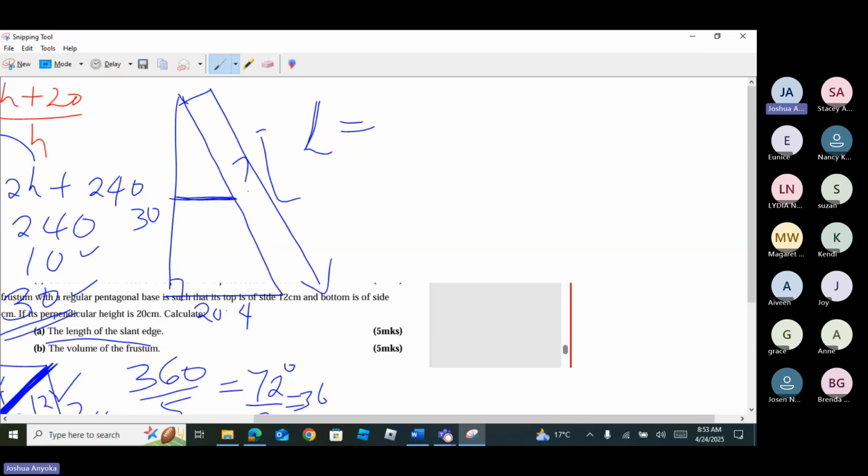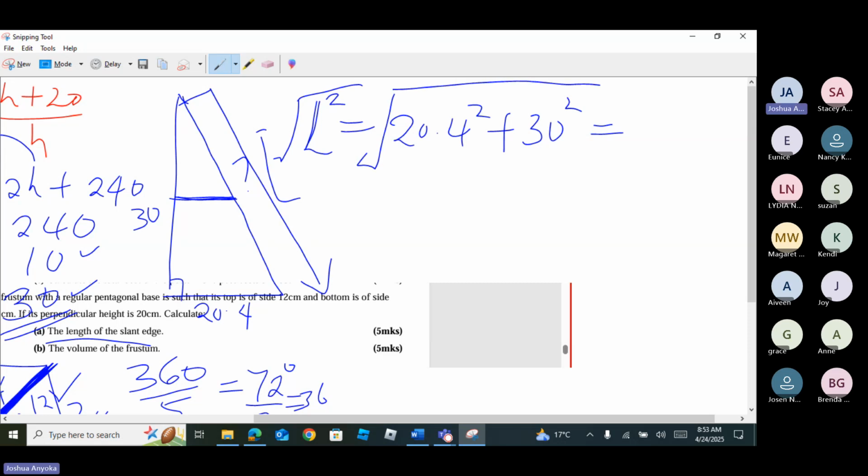Call it capital L. L squared is equal to 20.4 squared plus 30 squared. To get L, you find the square root. What do you get? 36.27. So the whole of this one is 36.27.